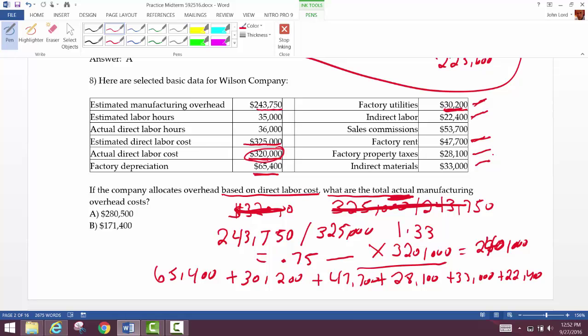Does that give you D? Okay, so that's the actual.